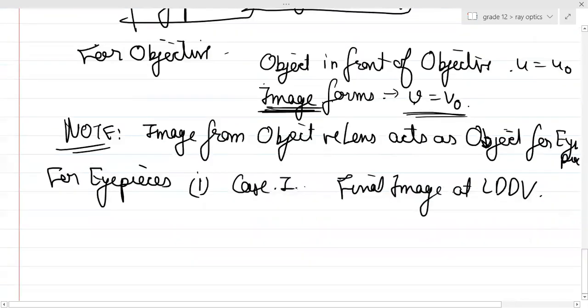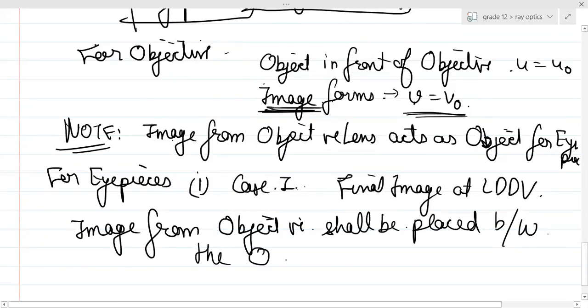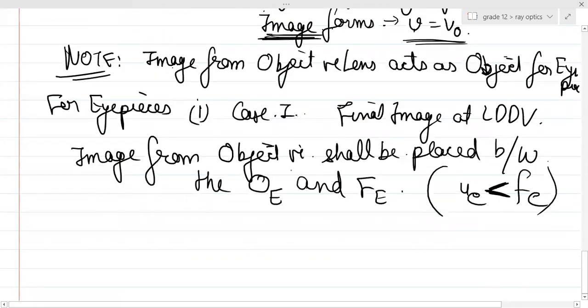So case 1, if you want the final image at the least distance of distinct vision, then this image from the objective, basically the object distance from the eyepiece should be less than the focal length. Then only the final image will be formed.